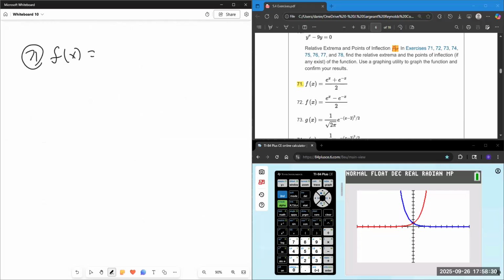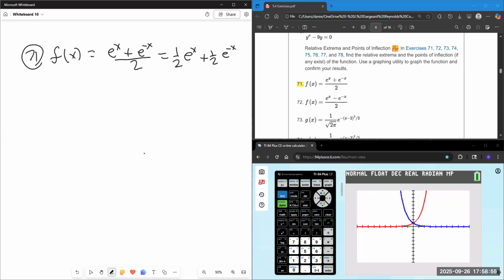F of x is equal to e to the x plus e to the negative x over 2. We'll be talking more about what that function defines a little bit later in this chapter. You may recognize that function, you may not, but it's a special function that we'll talk about later. Right now, we'll just deal with it the way that it's written.